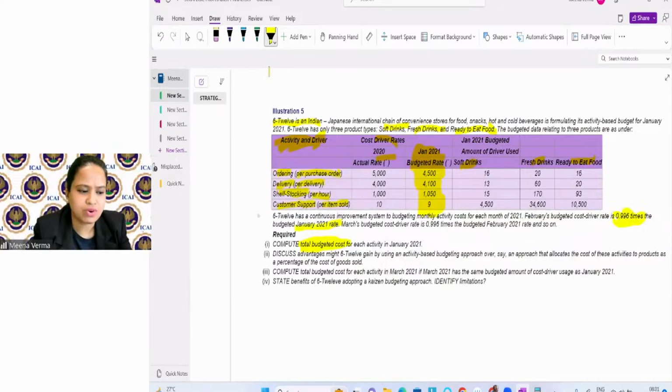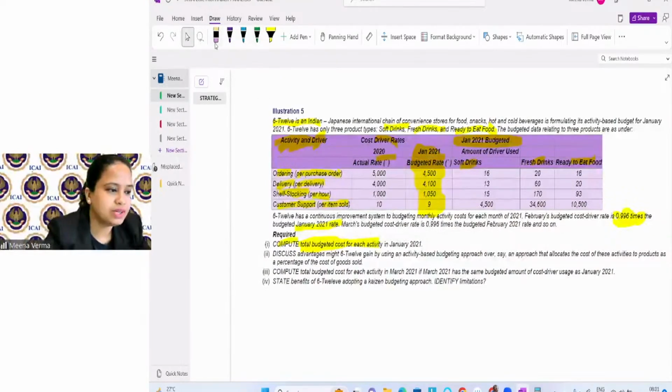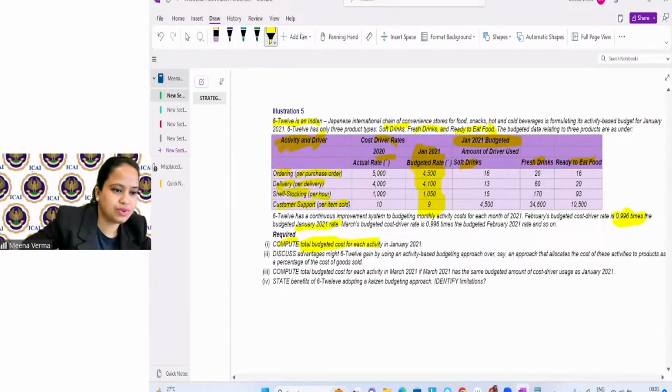Now, what is the first question? This information is for January, the budgeted information of January. They are asking you to compute the total budgeted cost for each of the activities separately, in the month of January. Okay, so let me do this question for you.